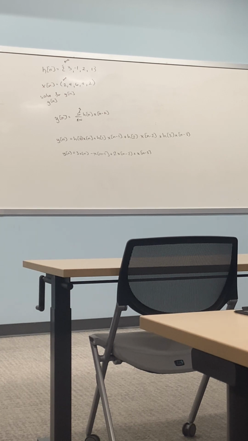Yes? Is it normal for the numbers to not be organized? Not organized, you mean your h of n? Yeah, and even x of n. Of course, I'm going to give you whatever I want. I'm not going to give you 1, 2, 3, 4, 5. Why would I do that? I'm the professor, I can do whatever I want.